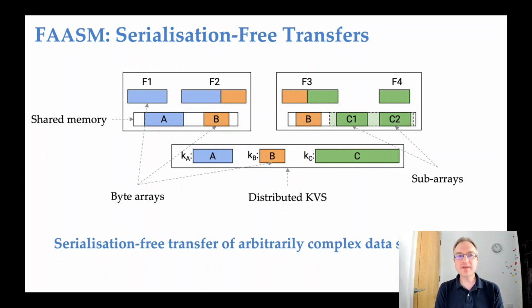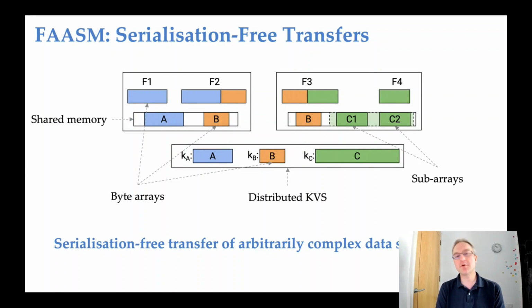One of the strengths of the Faasm approach is that it's very efficient because we do not have to serialize data when we're moving it between the different state tiers. Because these are essentially memory regions that are directly accessible, we can share complex data structures in Faasm without having to express them as serialized objects.